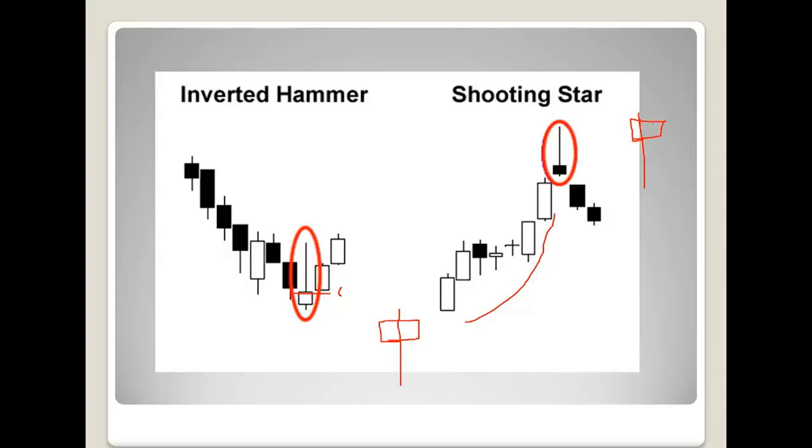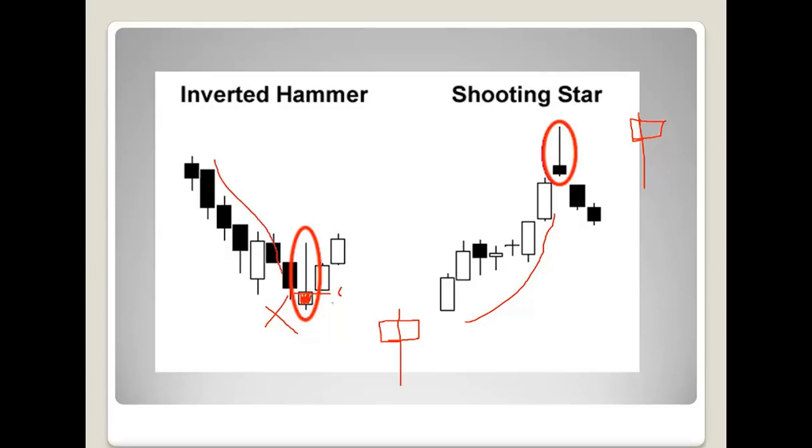Even in this scenario, you have to be very careful with the candle's color. Consider that in this scenario we have blacks and whites. If this was black, then this trade would be invalid. We don't take a shooting star at the bottom of a downtrend.